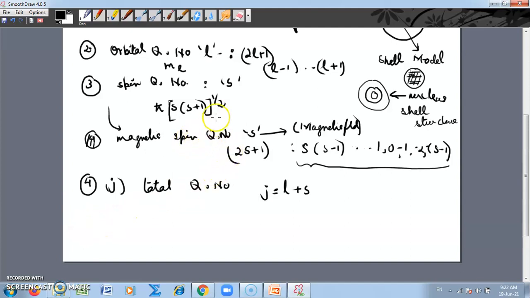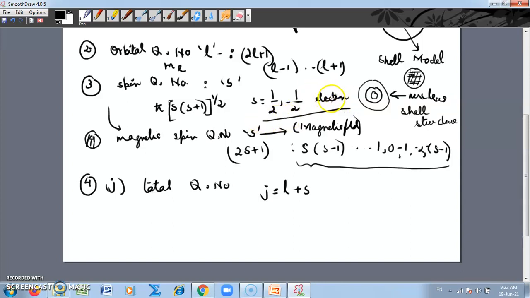But then I forgot to mention one thing. S, as we know, is the spin, and it can take only values half and minus half for electrons. But we will see that this will not always be the case for all kinds of particles.